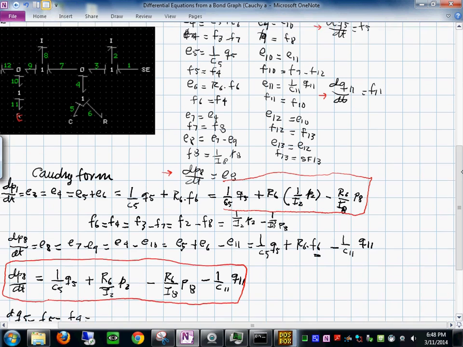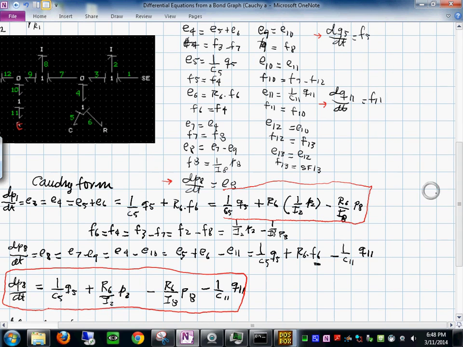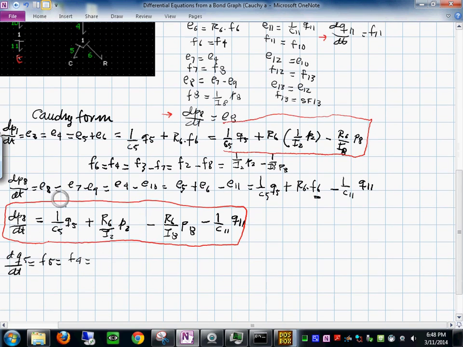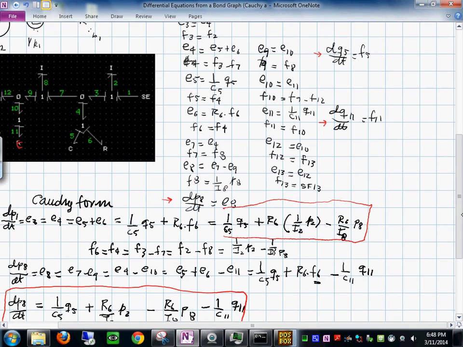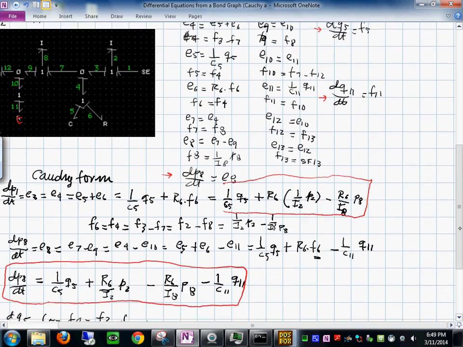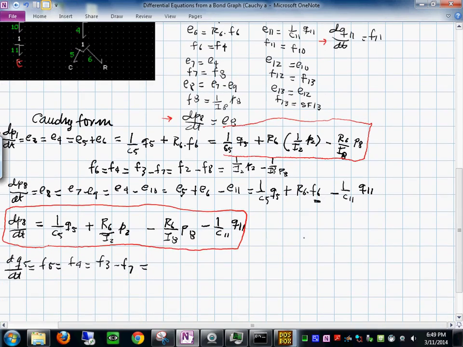We have up here, f3 minus f sub 7. And what is f sub 3? It is f2, and f7 is f8.